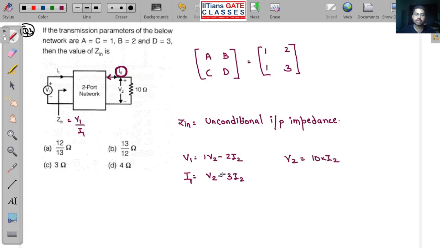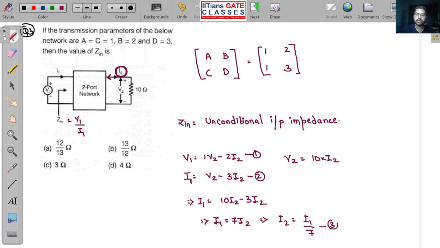I will substitute that in equation 2: I1 is equal to 10 I2 minus 3 I2. So I1 is equal to 7 I2, or I2 is equal to I1 by 7.